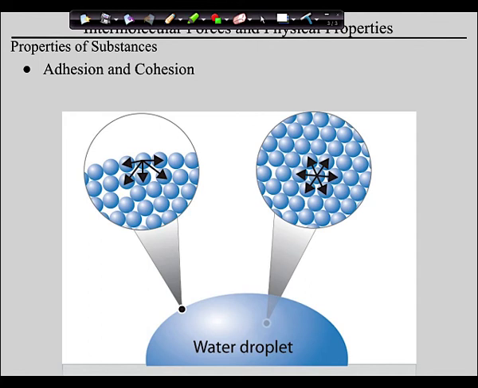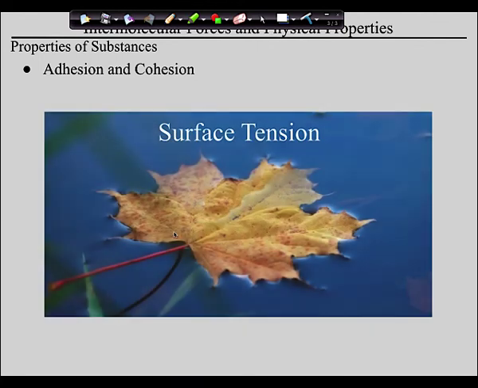That would be an example of an adhesive force. But probably the adhesive force that you think of the most is what we call surface tension. And guys, you may want to scratch that idea in your notes. Surface tension is an example of an adhesive force.